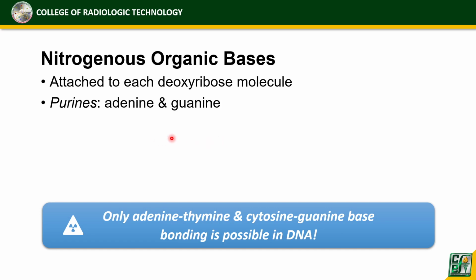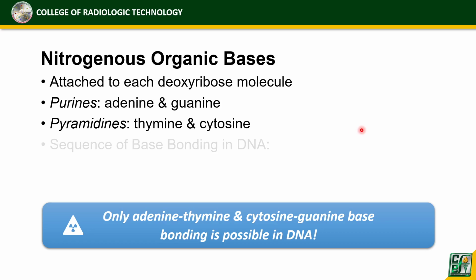So nitrogenous organic bases, so ito nga yung bonds na pwede lang maganap sa DNA. So we have two types of nitrogenous organic bases, which is the purines and the pyrimidines. Okay? So these two types or two groups provides the base bonding in the DNA.